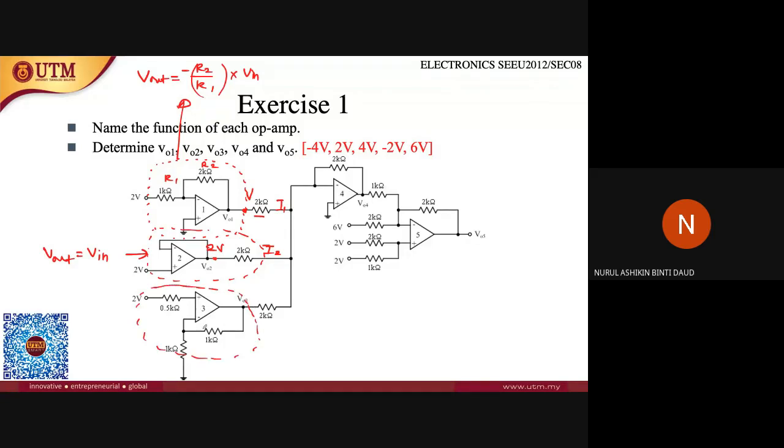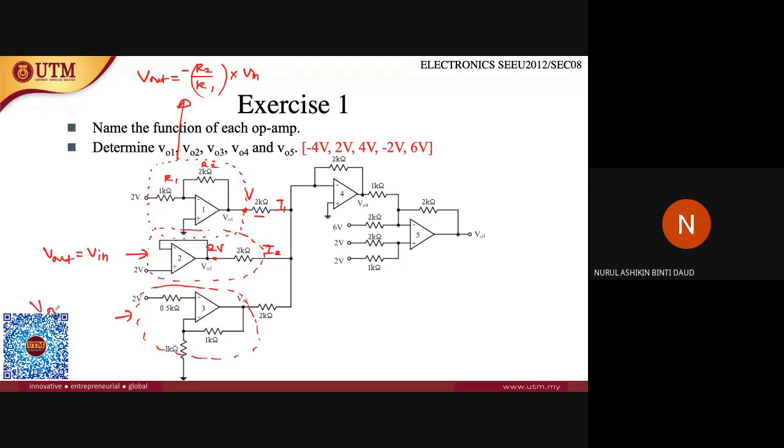Then let's proceed with this configuration pula, up until here. What configuration is this? This is non-inverting amplifier. So what is the formula?